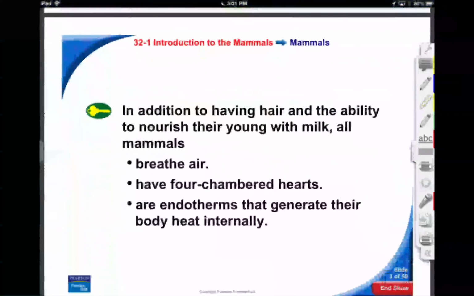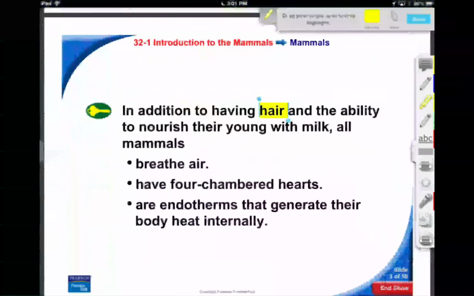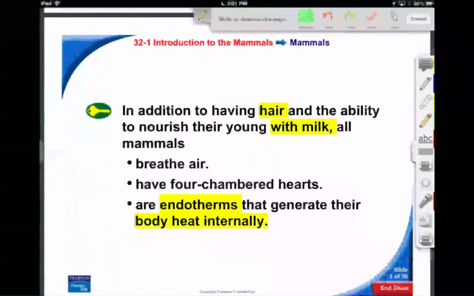Now we can expand on our definitions. Our primary definitions obviously are hair and milk and keeping the bodies warm. Okay, being endotherms. Four-chambered hearts, pretty well goes without saying. Air breathers, here you go.